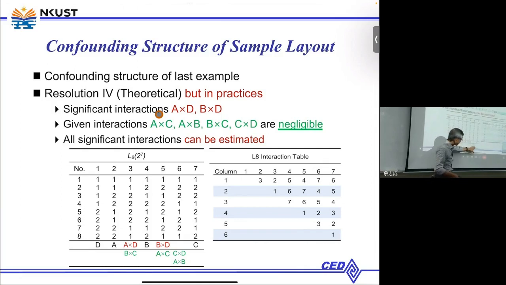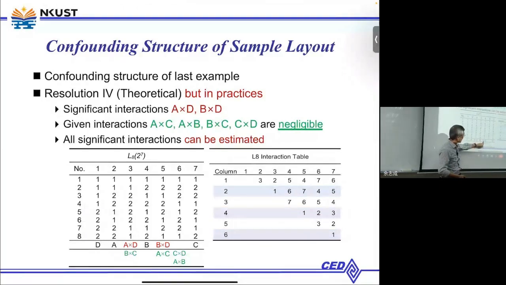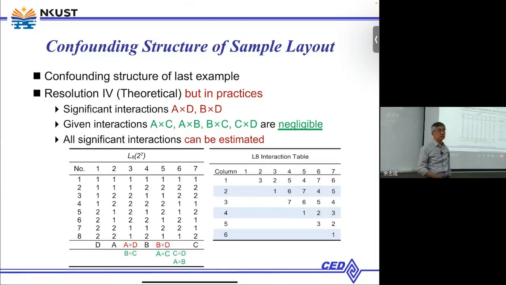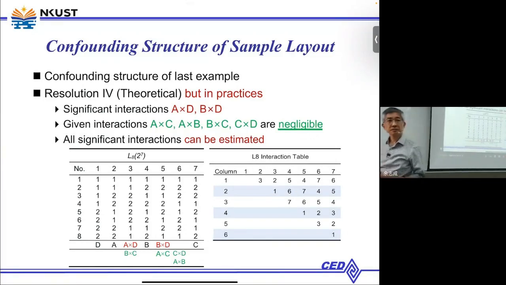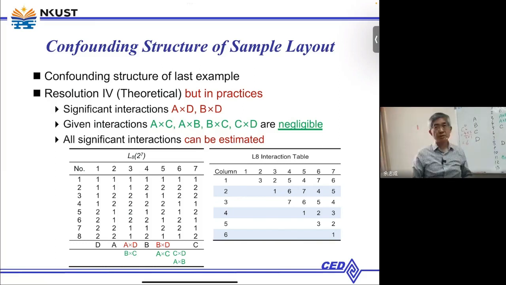Even though these 2 interactions are confounded with other interactions, the BC is negligible. Therefore, this kind of arrangement still lets us analyze the interaction AD. Same thing for interaction BD. Any questions? This is how we double check our answer from the confounding structure.